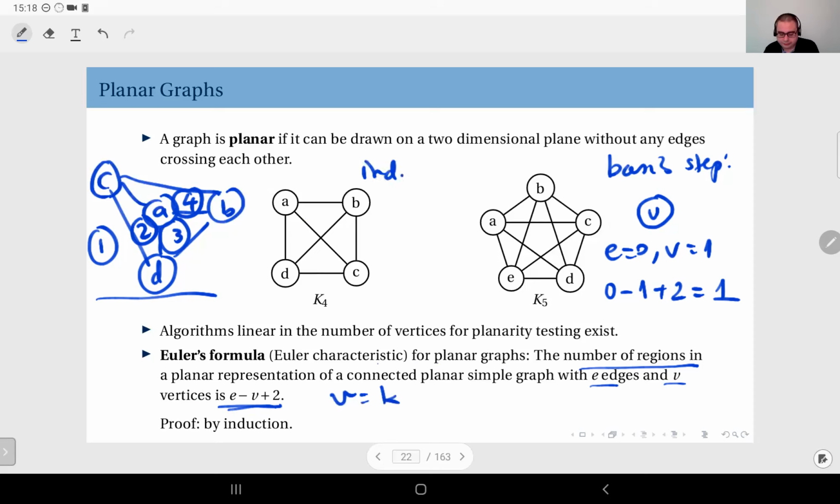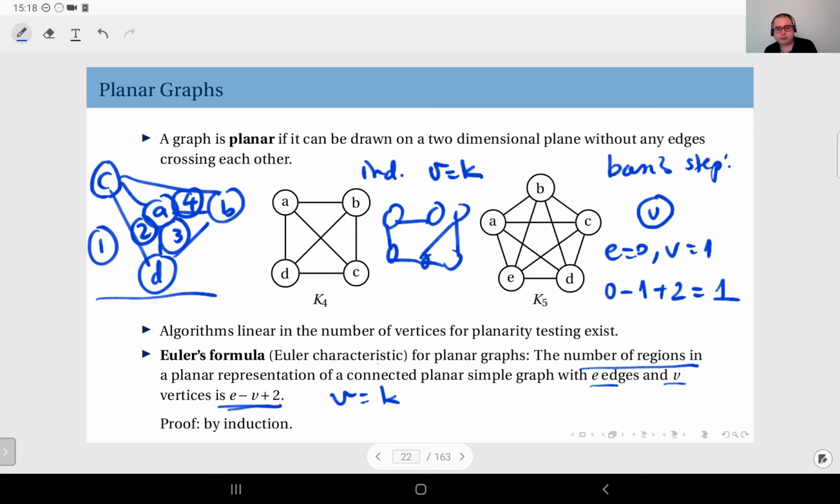Let's say this formula is true for a graph with K vertices. Now, if you want to add a vertex, let's say you have a graph. Okay, you have a graph with K vertices, and the number of regions is given by E minus V plus 2. And of course, we assume the number of edges is E.